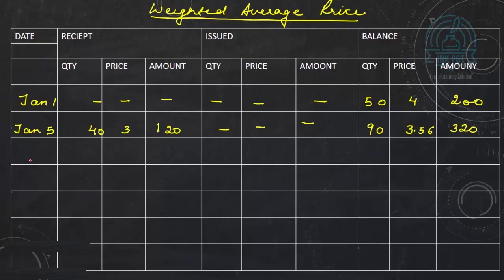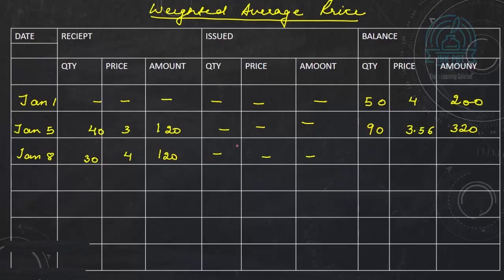Now the next, as on Jan 8, we have again received 30 units at the rate of 4 per unit. Price is 120. We have not issued anything. Now again we are going to take the weighted average price. So weighted average price is again equal to total amount, that is 320 plus 120, which is 440, divided by total number of units 90 plus 30, 120.